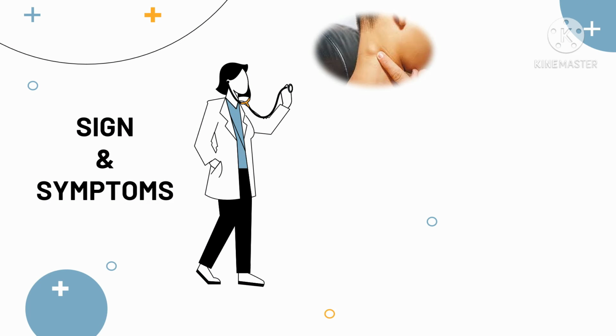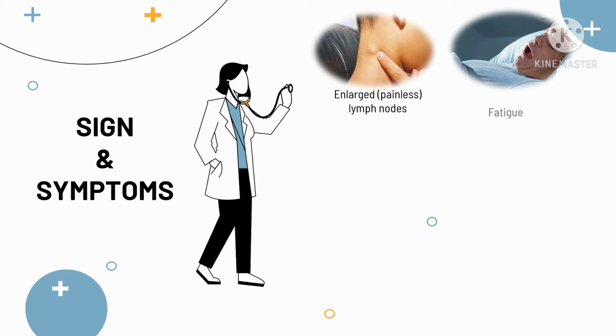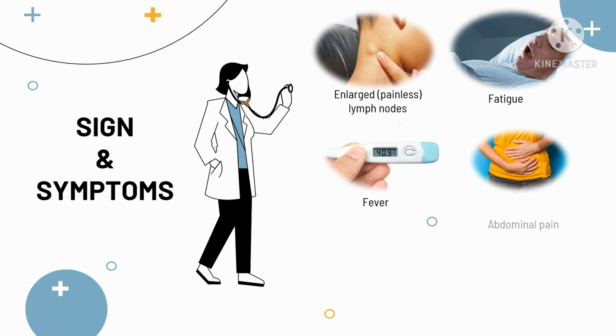Signs and symptoms: enlarged painless lymph nodes caused by the accumulation of abnormal lymphocytes, most often occurring on the neck and armpit. Fatigue: as CLL increases inflammation, it makes a person more tired. CLL also may cause unexplained high fever above 38 degrees Celsius.